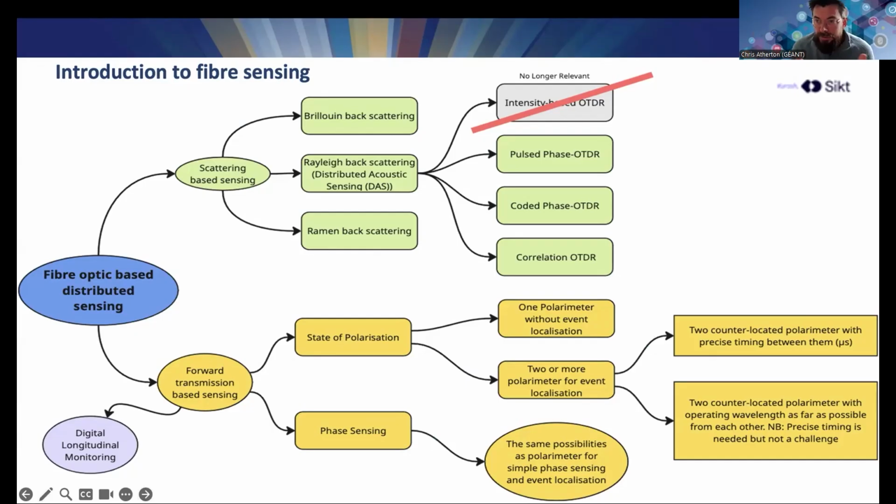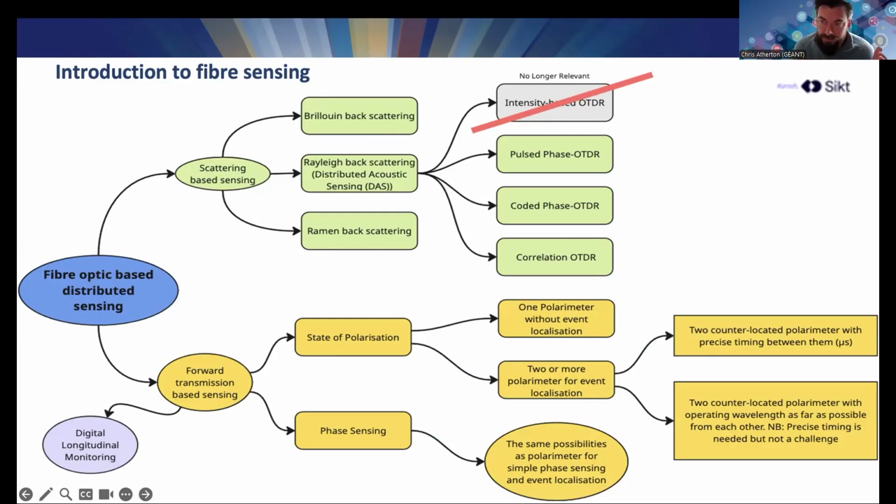What we can do then is convert a fibre optic cable into a series of sensors, 32,000 sensors, for example, along the length. It doesn't go all of the way along, but it allows you to turn it into a very high resolution sensor.